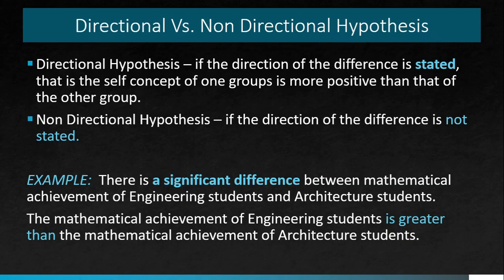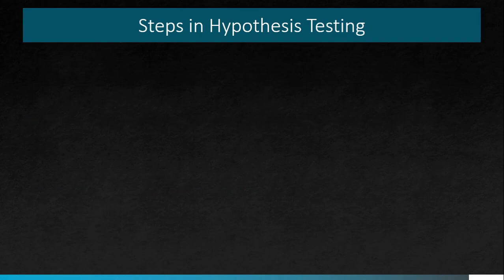Okay, so in terms of testing the hypothesis, based on our previous slide, we have stated that we have two types of hypothesis, your null and alternative. In hypothesis testing, your objective is to compute and determine which hypothesis is correct, whether it's null or alternative.